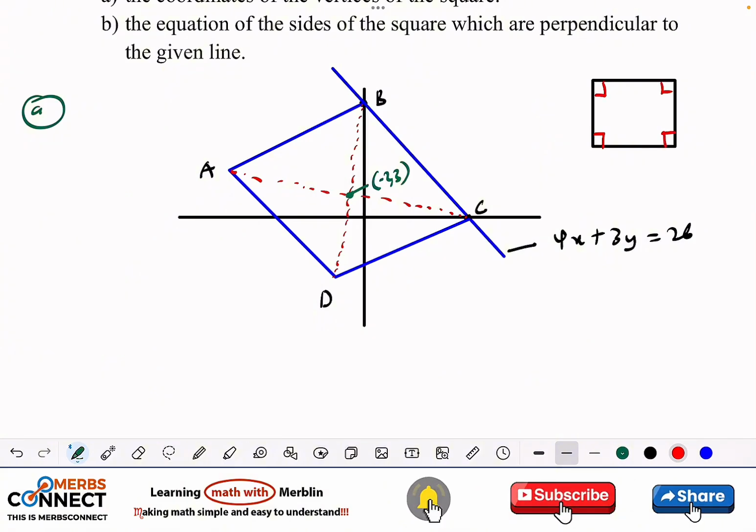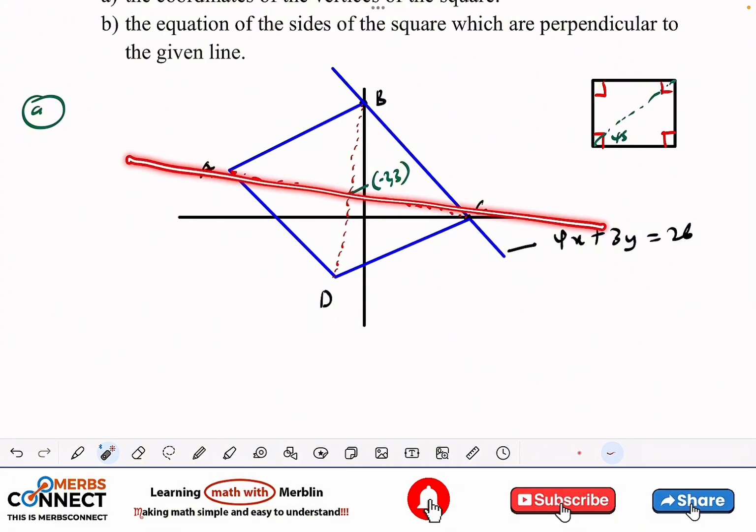One thing that we can see here is when I have a diagonal like this, it divides the angle into two, because it's a diagonal. So here it's going to be 45. The same thing when I divide here. So since I have this line here, what I'm going to do is find the slope of this line.